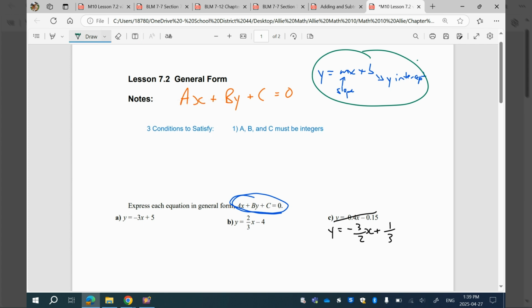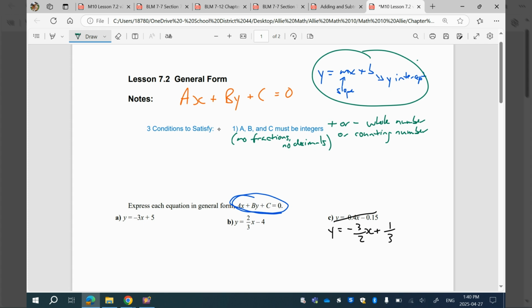So an integer, as you may recall, is a positive or negative whole number or counting number. So that's no fractions, no decimals. So there's condition number 1.